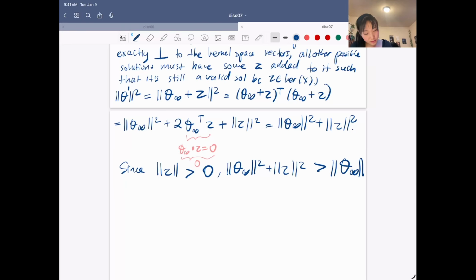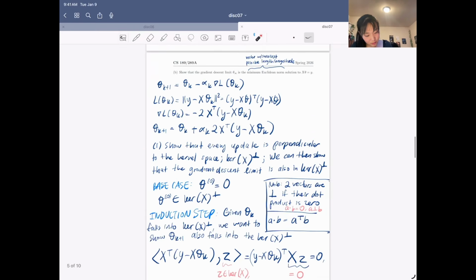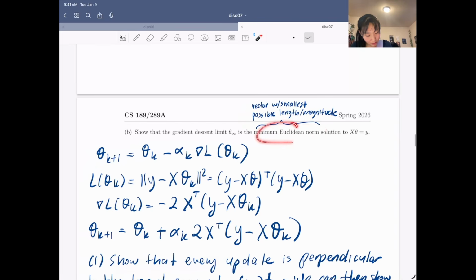And so since this is the case, we have theta prime is always greater than theta norm, or I guess you can say theta prime squared is always greater than theta norm squared, which means that our theta infinity must have the minimum Euclidean norm.